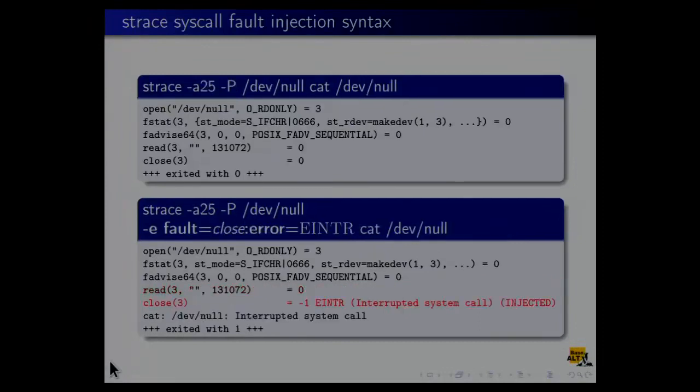So, and this is a peculiar thing. And this is when you fail close syscall that has no importance, what does cat do? It just opens the file, processes it, and closes it.